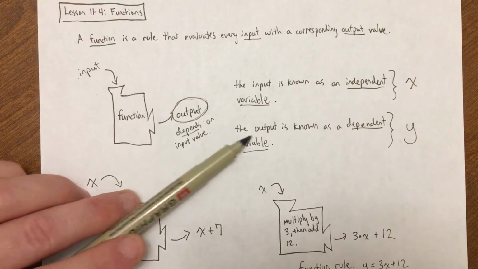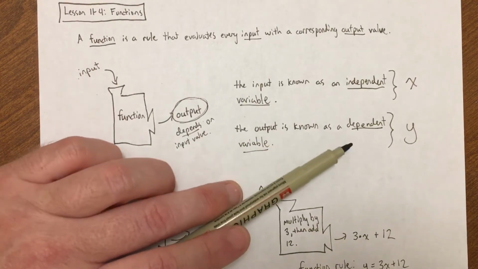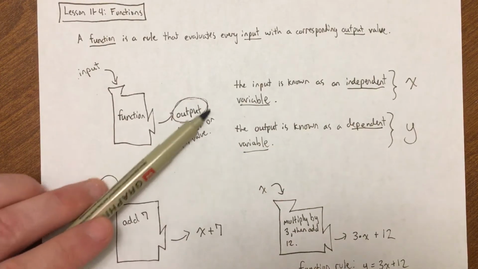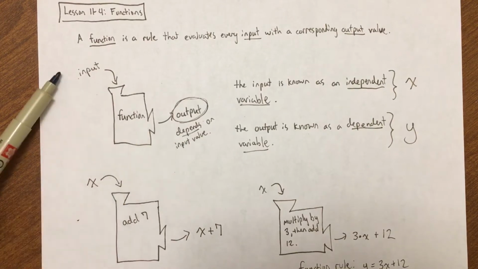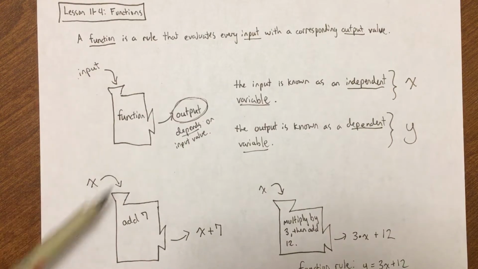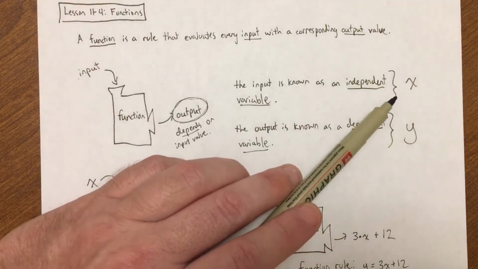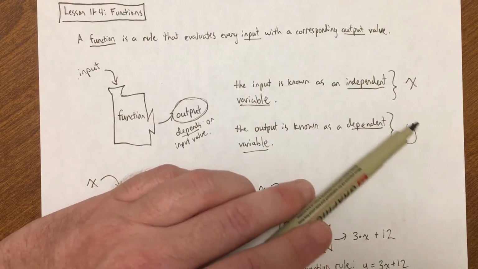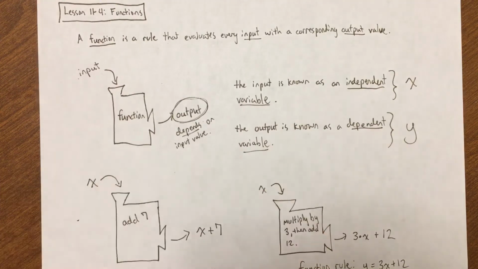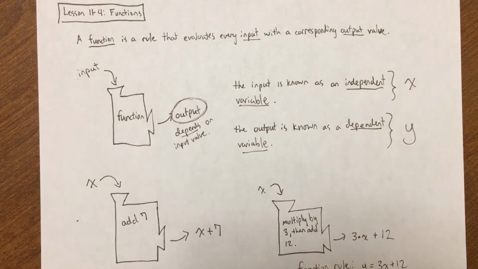And then the output is known as our dependent variable, because the output depends on what we plug in to our function rules. And in algebra, we would typically use the variable y to indicate our dependent variable.